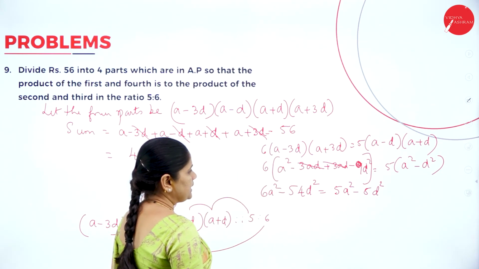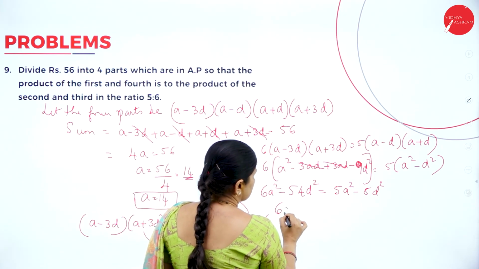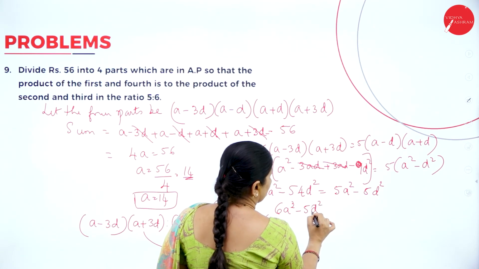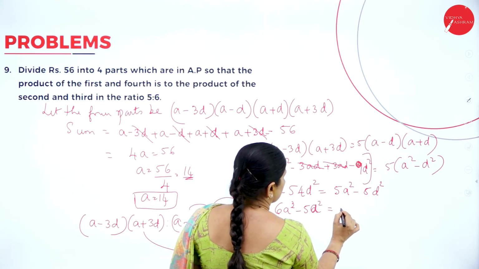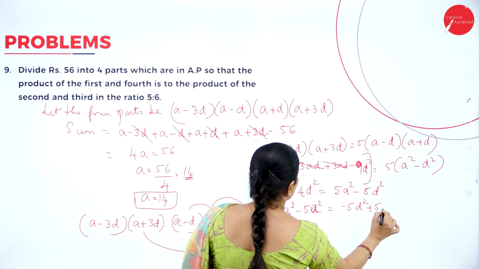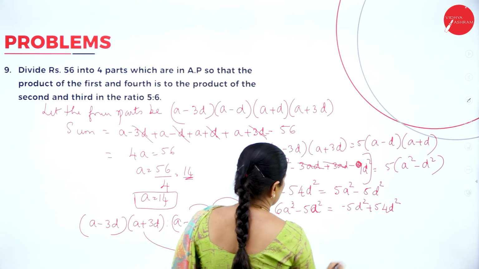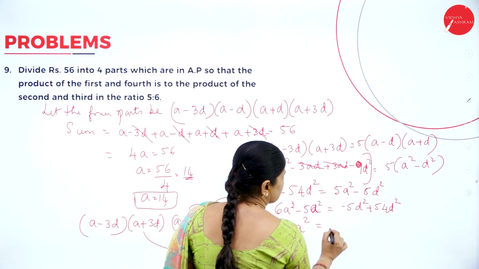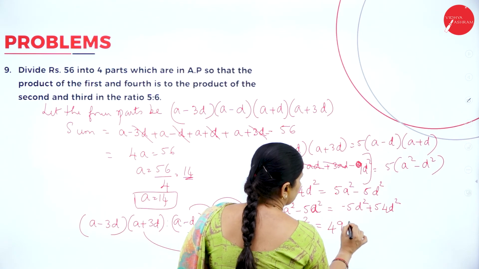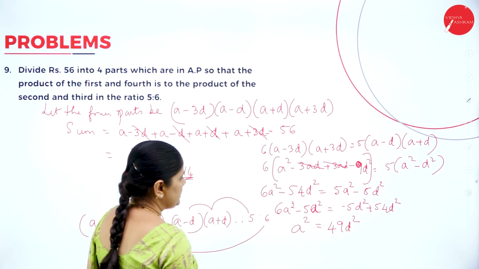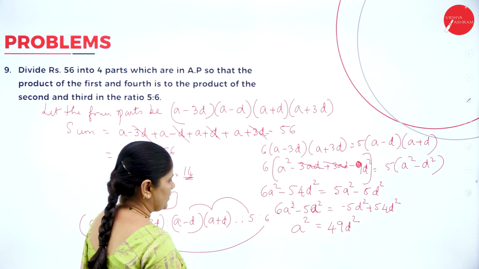Now, I bring this 5A square here: 6A square minus 5A square equals minus 5D square plus 54D square. 6 minus 5 is 1, so A square equals 49D square.